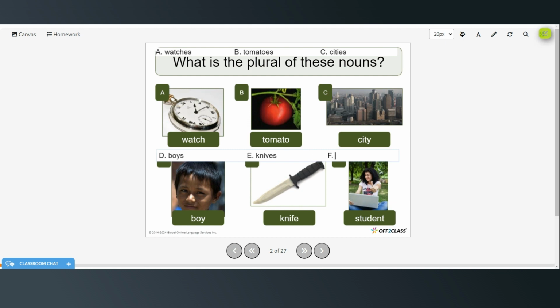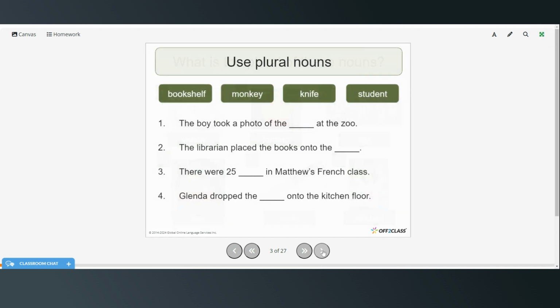And letter F is one where you just add an S, students. Alright, so now you're going to use the plural forms of these nouns in order to complete the sentences. You can pause the video and try that on your own, and then restart when you're ready to see the answers.